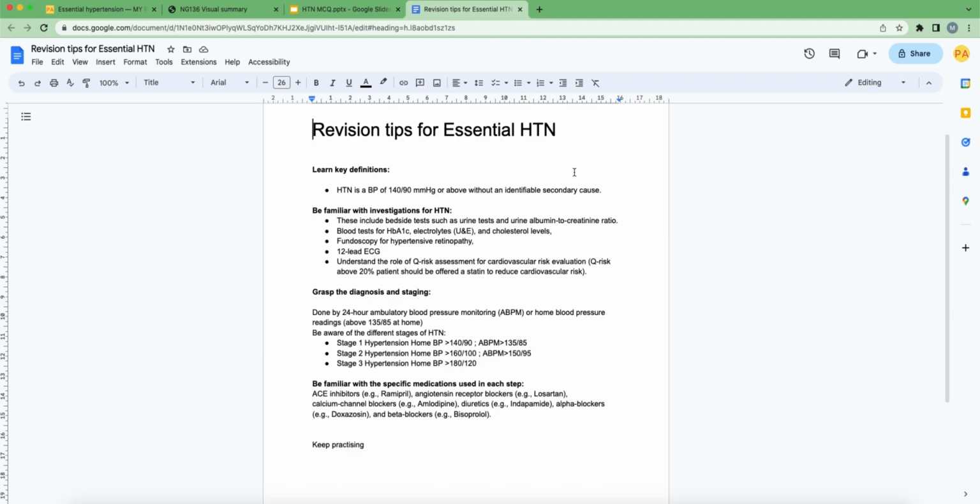Your calcium channel blocker will be mostly amlodipine, but sometimes they may also be nifedipine. Diuretic, indapamide, which is the first line. Alpha blocker, which is doxazosin, and your beta blocker, which is your bisoprolol.